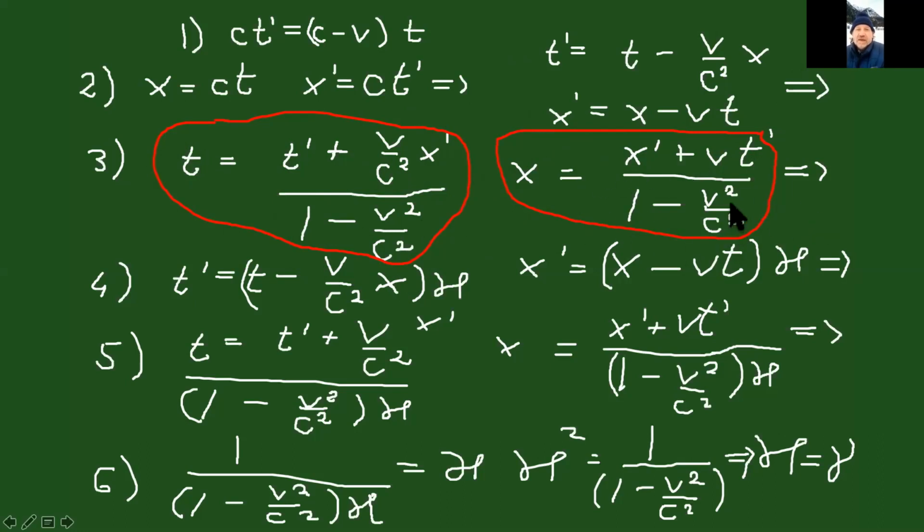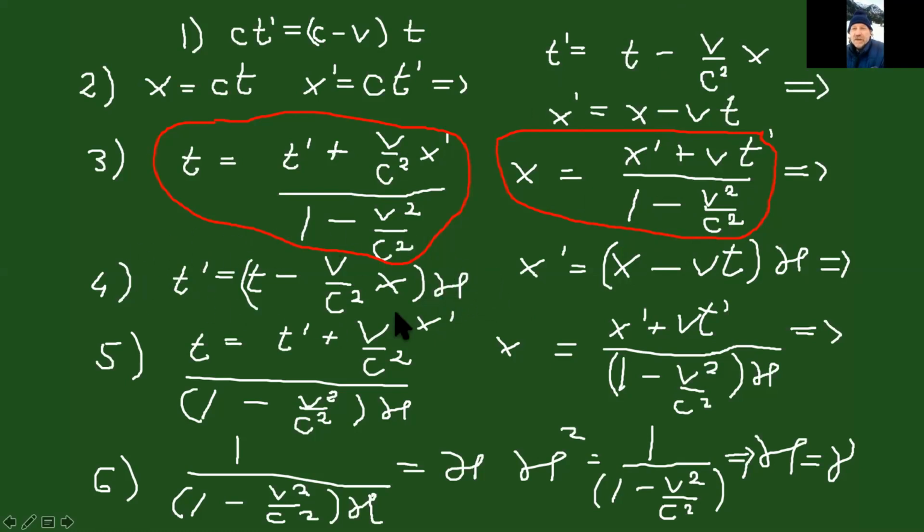So we see that something is wrong, because the original transformation did not have the denominator 1 minus v squared over c squared. So we want to improve the original transformation, and we multiply the right side by a factor kappa.